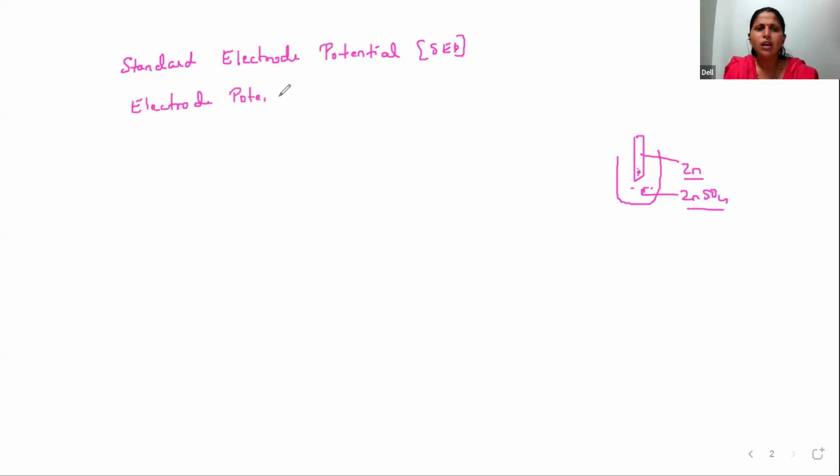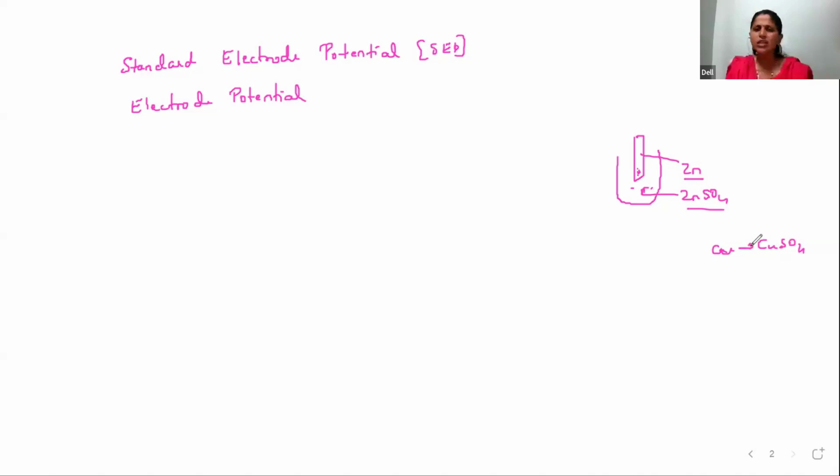Similarly, between Cu and CuSO4 solution, there is some potential difference, and I call it electrode potential. So what is electrode potential?